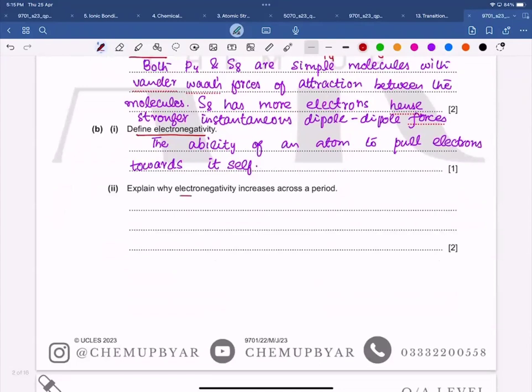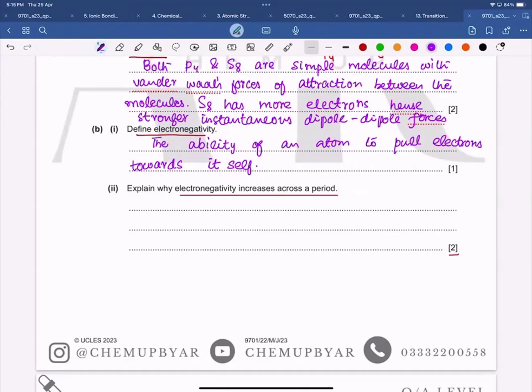Okay. Now explain why electronegativity increases across the period. 2 marks, so you need to put two reasons. The nuclear charge increases. Shielding stays the same.